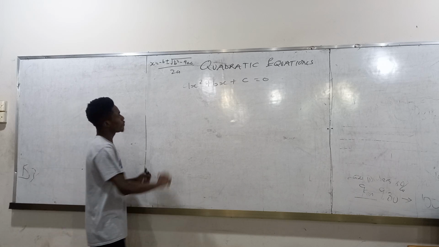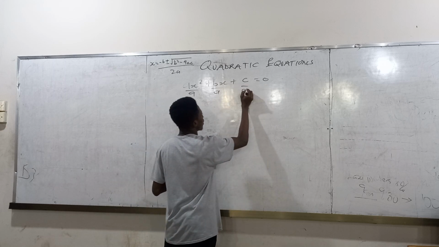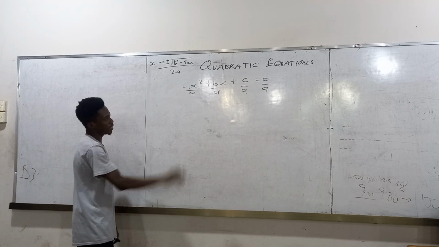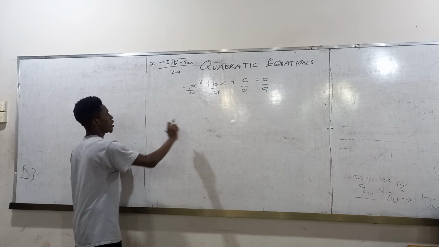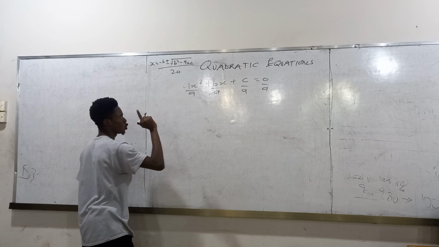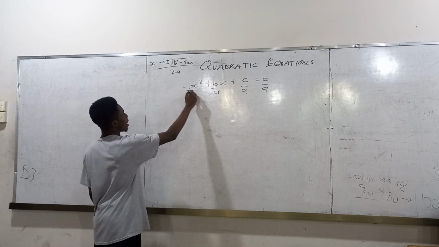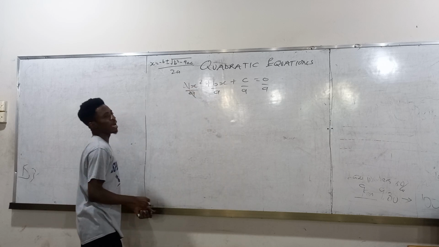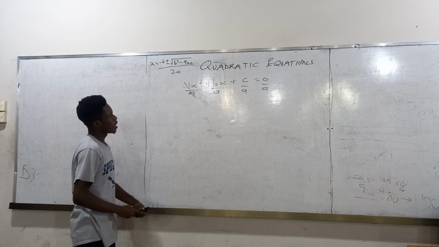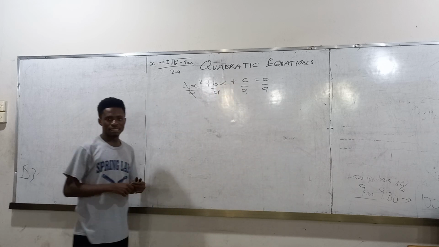To prove this, the first thing you do is divide. This is the first step: make the coefficient of x squared equal to 1. To make it equal to 1, you have to divide it by a. And I told you that in mathematics, the addition sign separates the terms.